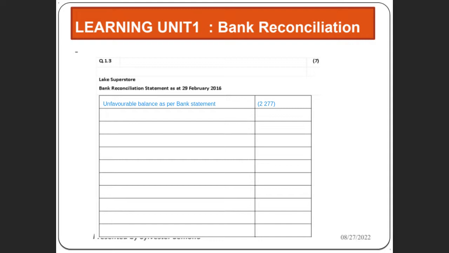Obviously you must start with the balance. And then when it comes to checks and deposits, it doesn't matter. You can start with checks, you can start with deposit, because other books also do that. But I prefer to start with the deposit.